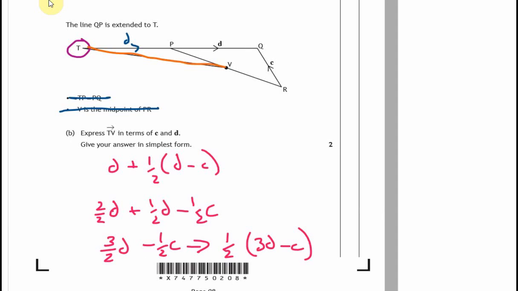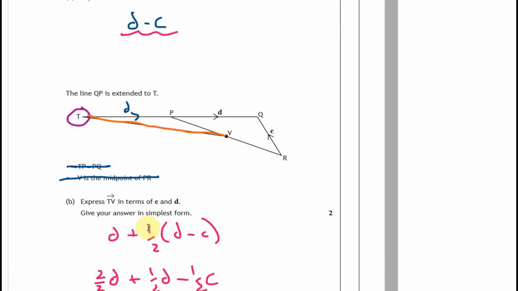Okay, so that's quite a wee bit of working, I think, for 2 marks, but let's just check what the marking scheme says. Got 2 minutes to go. Okay, so the first one you're getting your mark for D minus C. So that's fine, 1 mark in the bag.